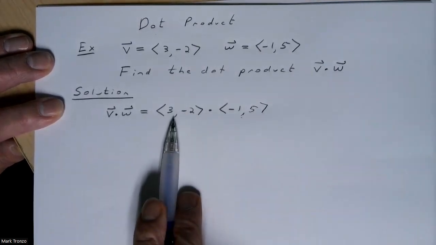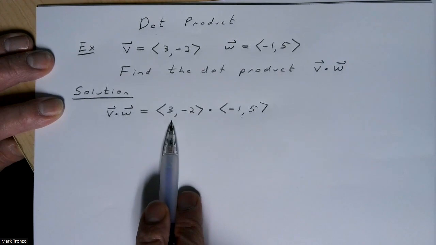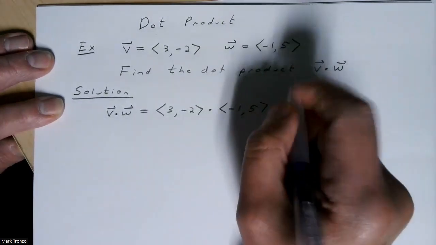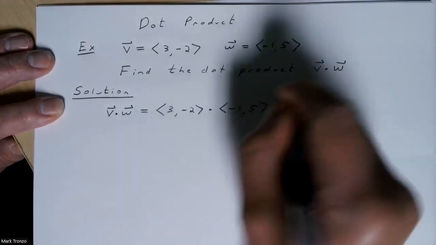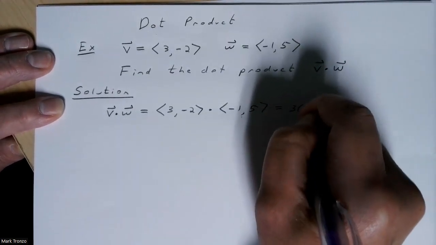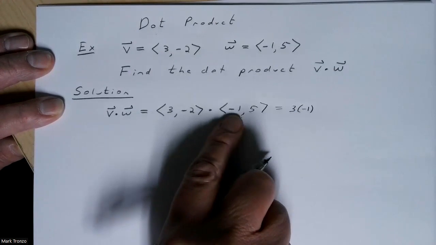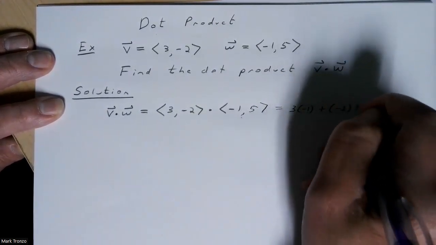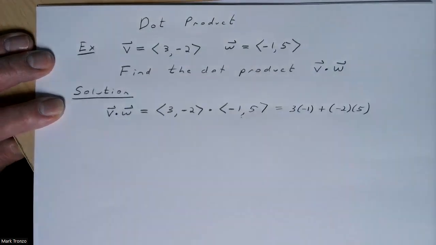When you do the dot product, you multiply the corresponding components and then sum them up. So in other words, you'll have 3 times minus 1 plus minus 2 times 5.